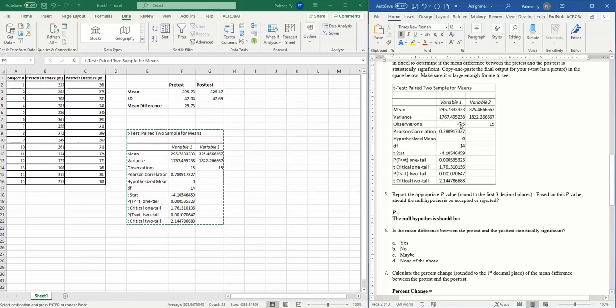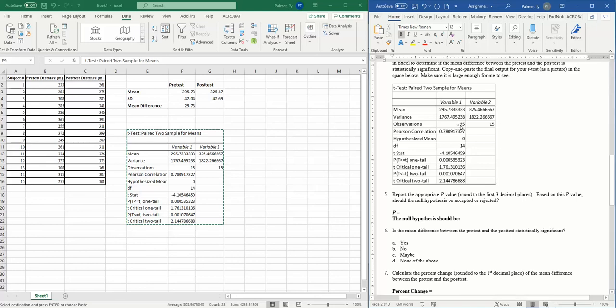Observations, you'll notice we have 15 for the pretest. We also have 15 for the post-test. What does that mean? That just means the sample size. If you look back over our Excel worksheet, we had 15 subjects in this data set. Each subject performed a pretest, and each subject performed a post-test. So we have 15 pretest scores and 15 post-test scores.